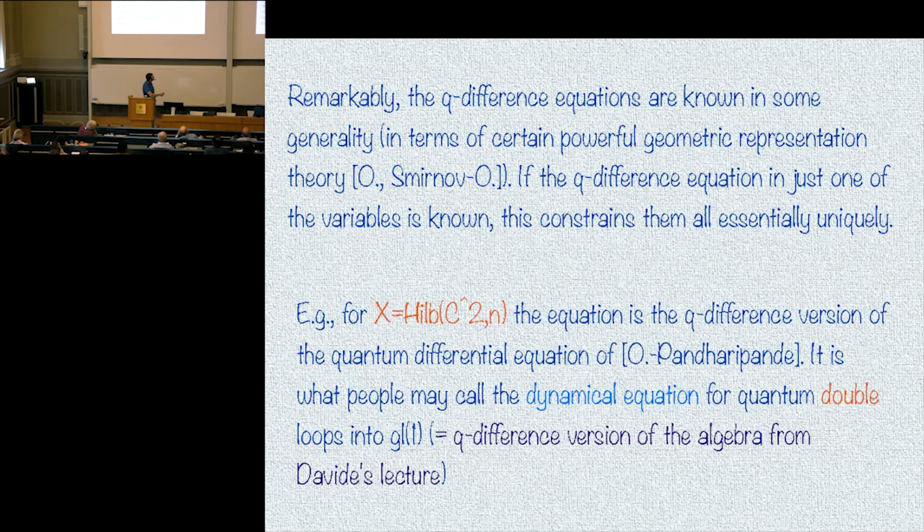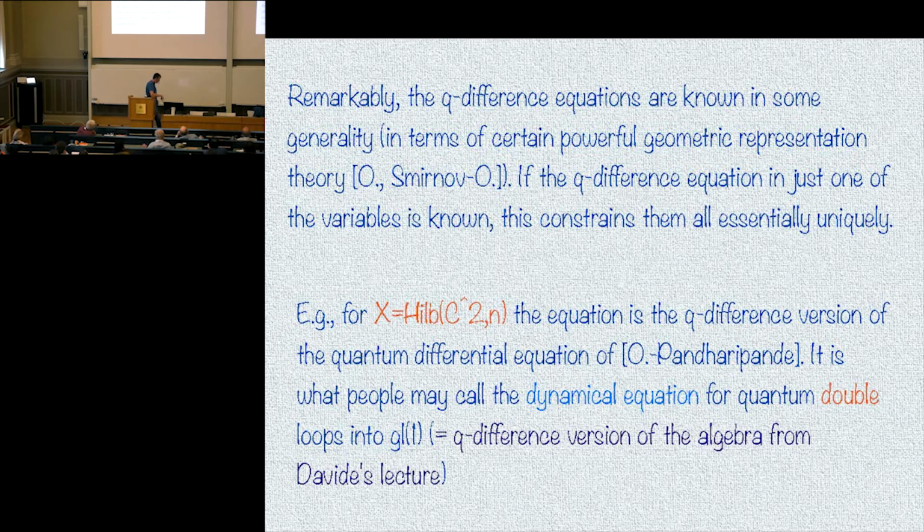So it is quite remarkable that this q-difference equation is actually a very effective way to both compute and think about this object. It's quite remarkable that this q-difference equation is actually known in some generality in terms of geometric representation theory.